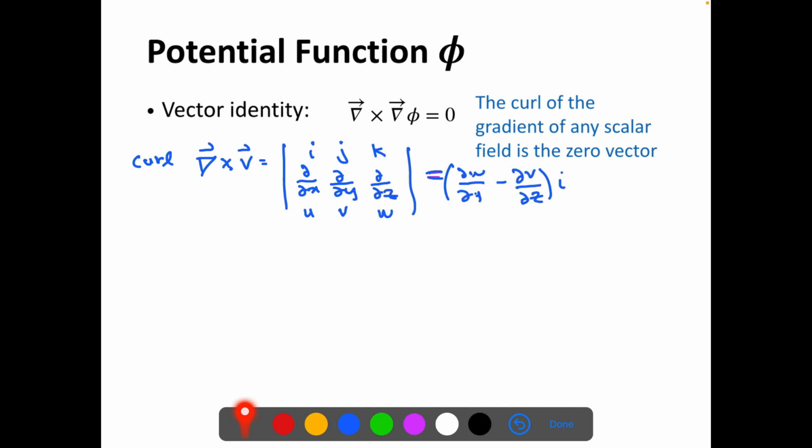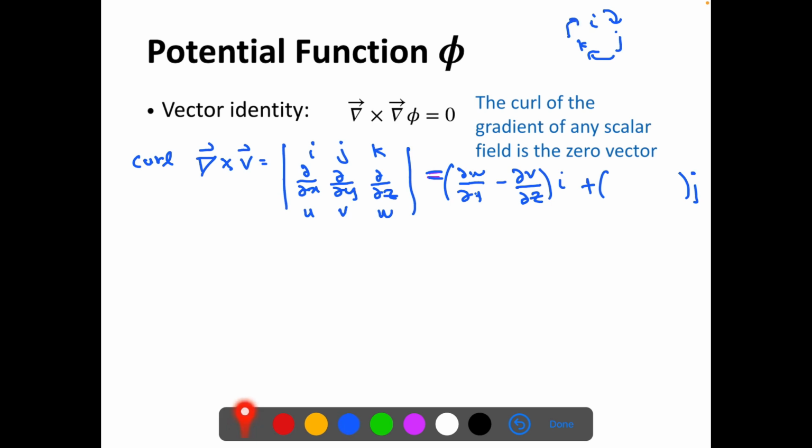And then for j, plus. Look at j, don't look at j, you close this one. So del w over del x minus del, and if you close j, it must be k over i, because the order of the cross product is i, j, k. It must be i to j, j to k, and k to i.